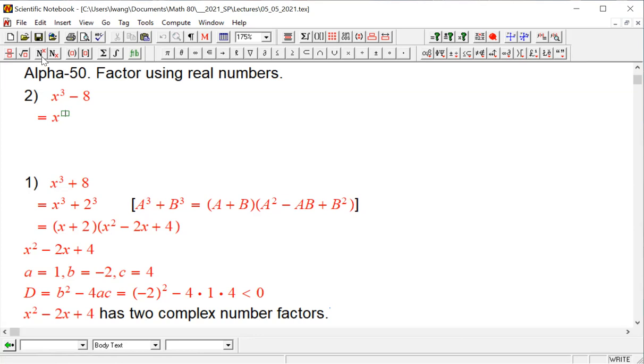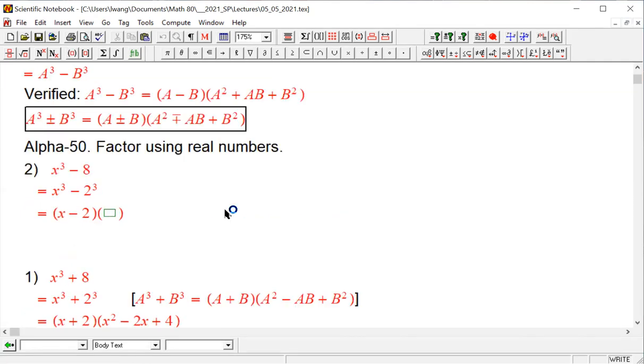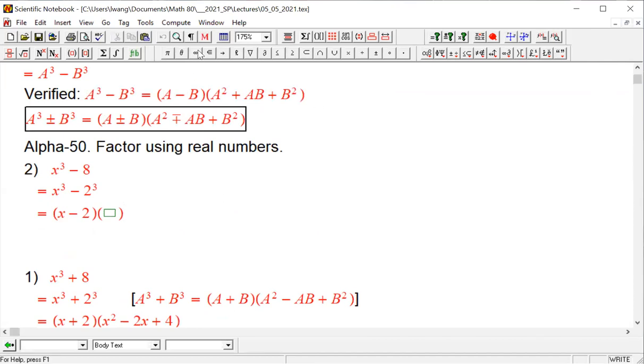So obviously we have x raised to the power 3 minus 2 to the power 3, right? And then we have x minus 2, multiply. Which formula would apply here? This one, right? So we're going to put that on the side so that we can use it as a reference.